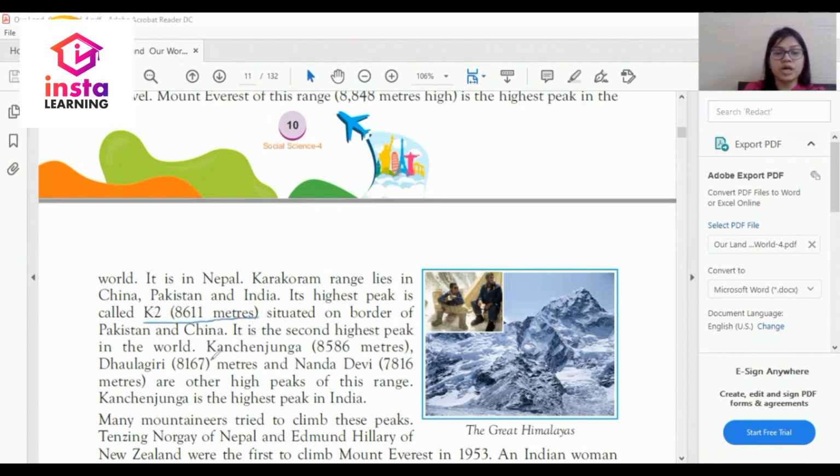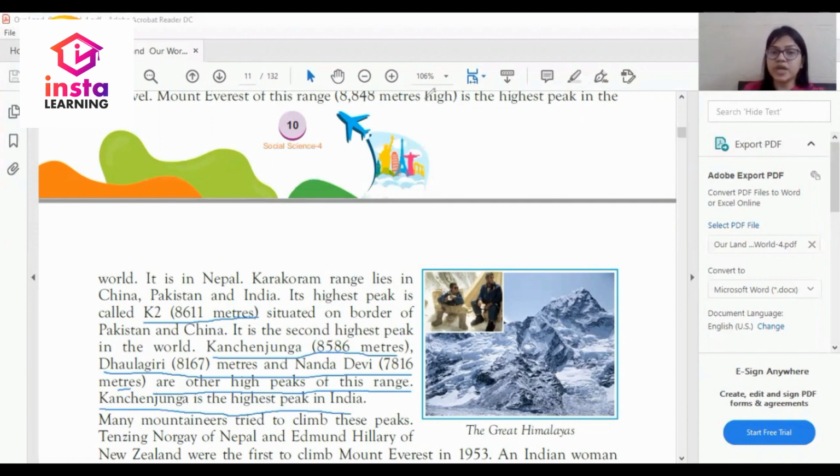So, Kanchenjunga 8,586 meters, Dhaulagiri 8,167 meters, and Nanda Devi is 7,816 meters. These are other high peaks of this range. Which range? The Great Himalayas. Kanchenjunga is the highest peak in India.